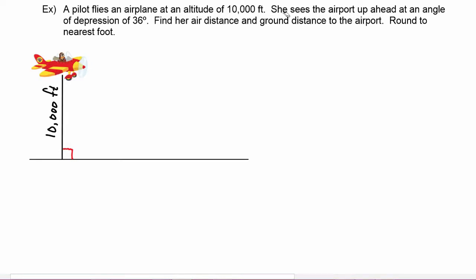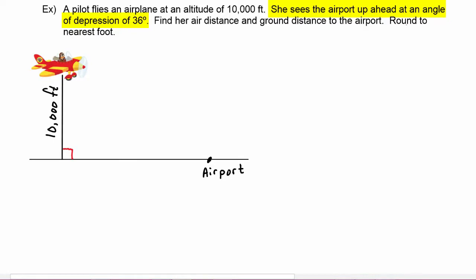Next, we're told she sees the airport up ahead at an angle of depression of 36 degrees. Now we know that the airport would be on the ground somewhere, so we can make a point in our drawing and call it the airport.